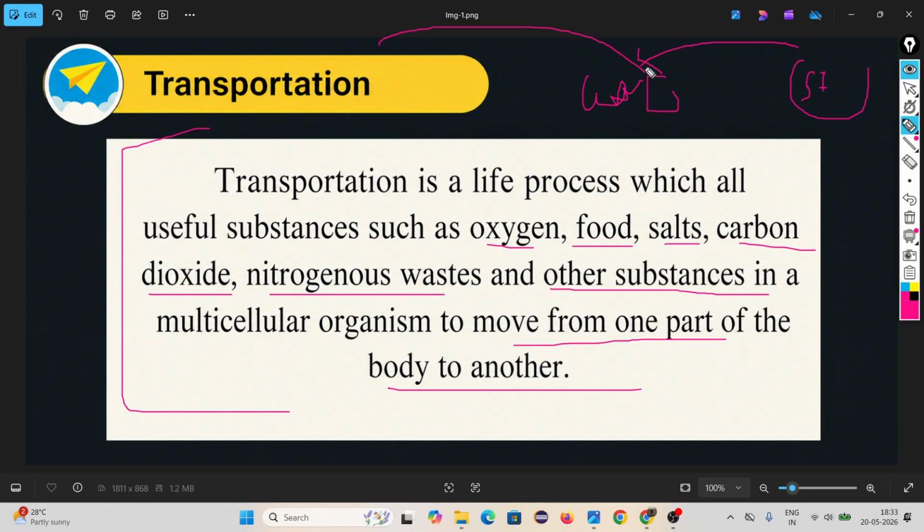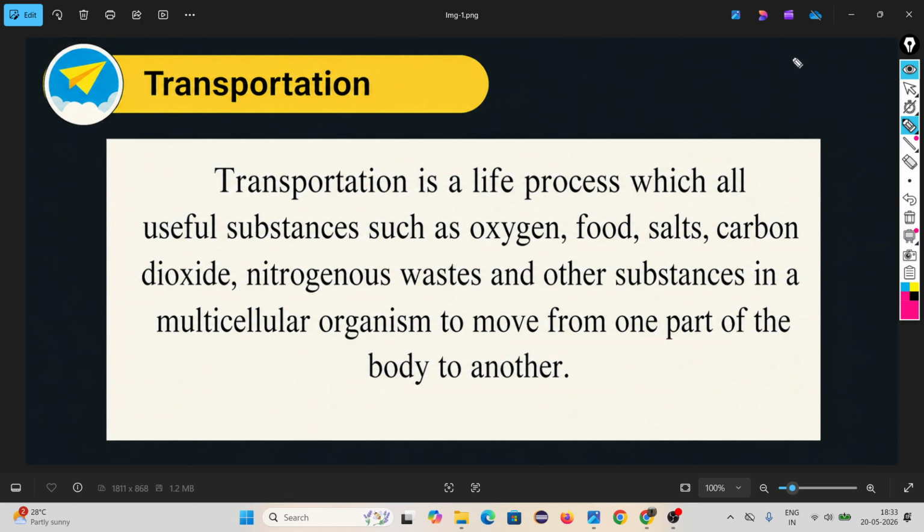By the one process called transportation. And through respiration we get oxygen. The oxygen is in the lungs. How does it go from the lungs to each and every cell? With the help of transportation. Transportation is nothing but carrying useful substances from one part of the body to another part.